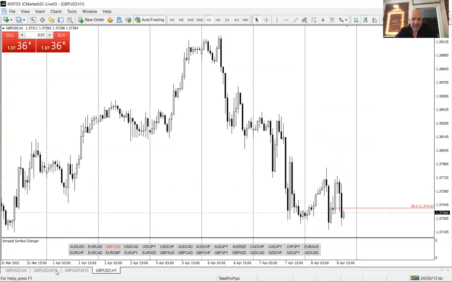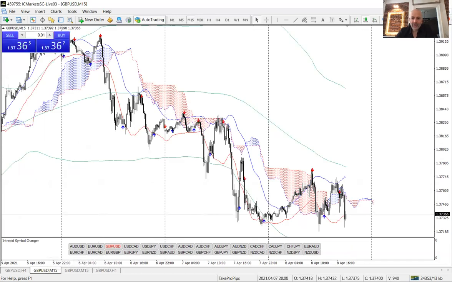Now the third thing that I always do is I will look for a higher low to form. There wasn't a higher low on this signal.